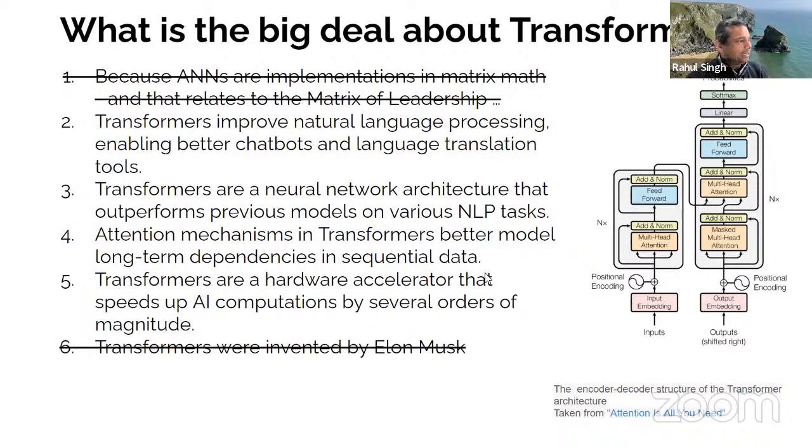This architecture also does well when there's a lot of data coming in, like a lot of text that's coming in. It's able to break it down and basically predict the next word and predict the next word and predict the next word. And you'll understand what I mean by that in a second.